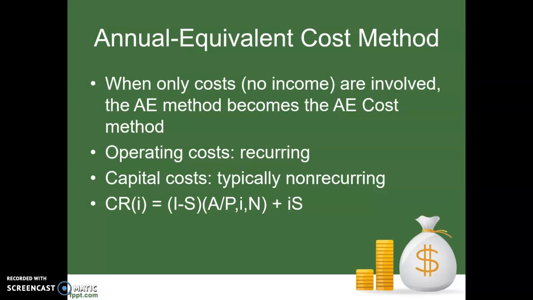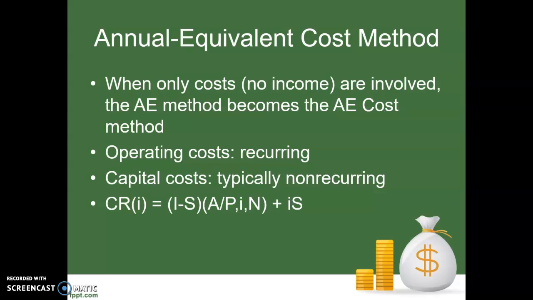So something that's closely related to the annual equivalent worth or value analysis is annual equivalent cost analysis. So this essentially is when there really is no income. It's really just cost. So you're not necessarily looking at making money, you just want to try to spend the least amount of money.